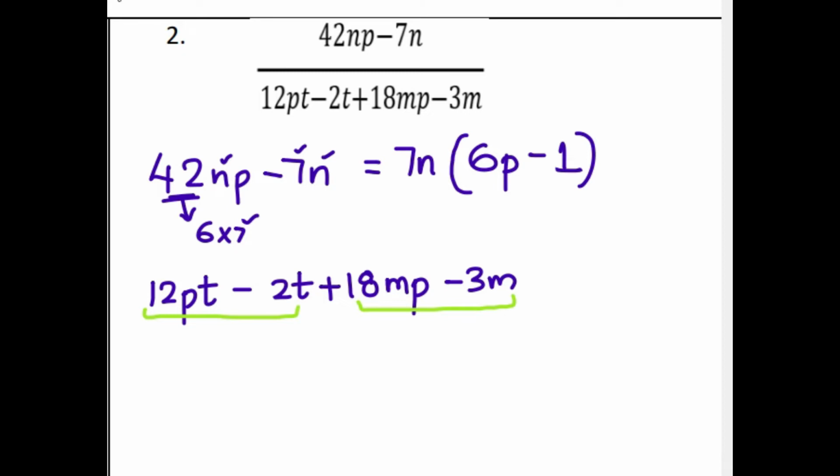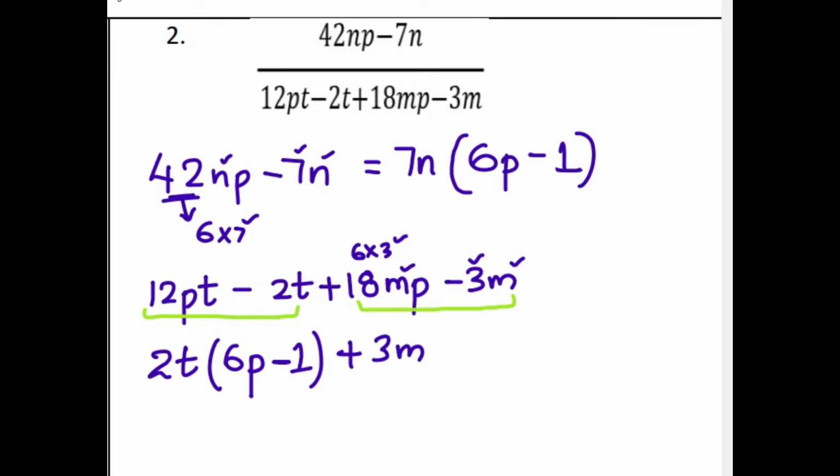So from these 2 terms, I have 2 and t as a common factor, so the remaining term will be 6p, because I have a 12 here. 2 times 6 gives me 12, and t is already here, so the remaining is p, minus, so I'll put a 1 here because 2t is factored out, plus, from these 2 terms you can see 18 is 6 times 3, so I have a 3 common and I have m. I'm taking 3m outside the brackets. I have 6p inside minus 1.